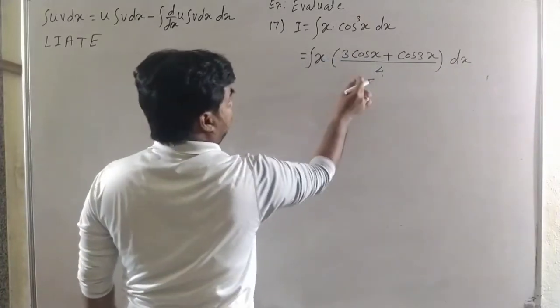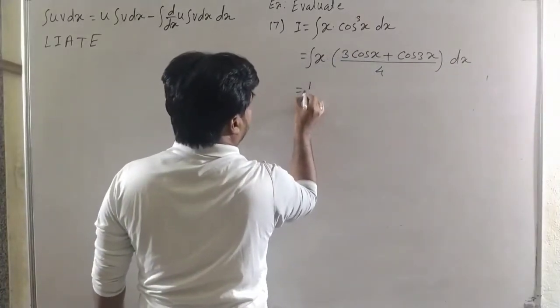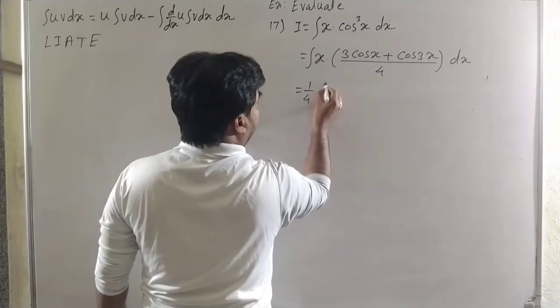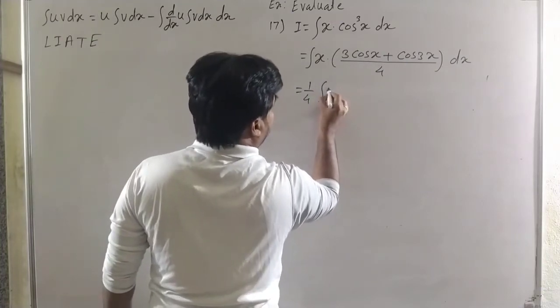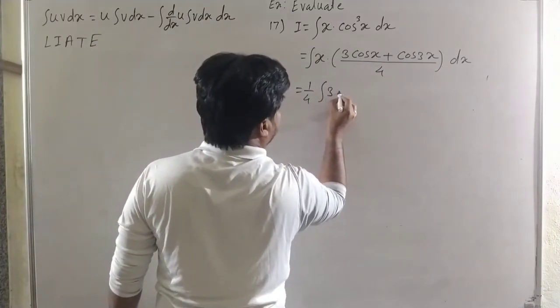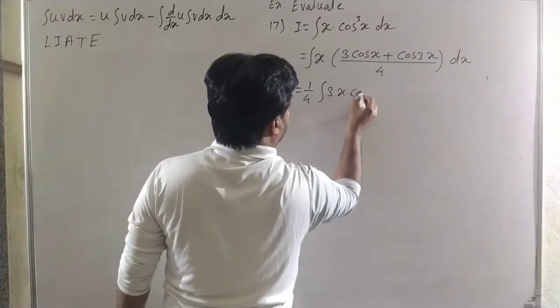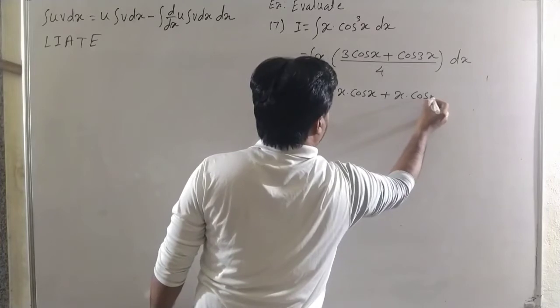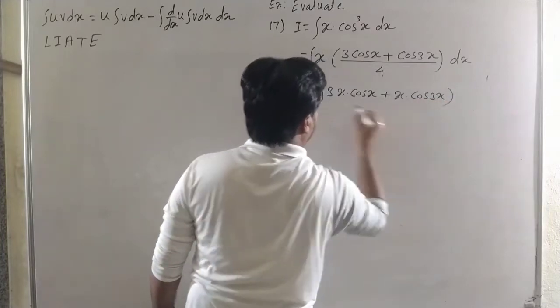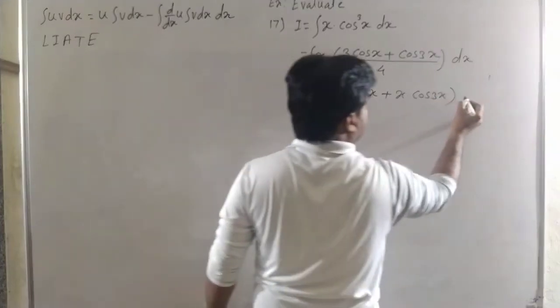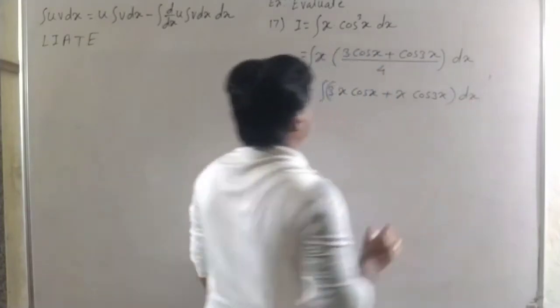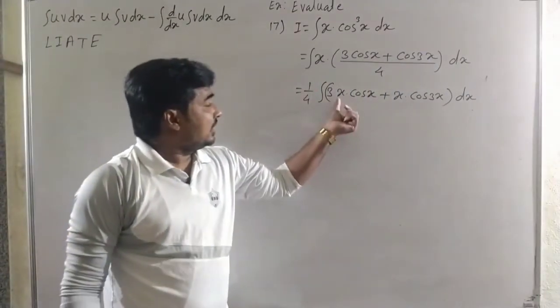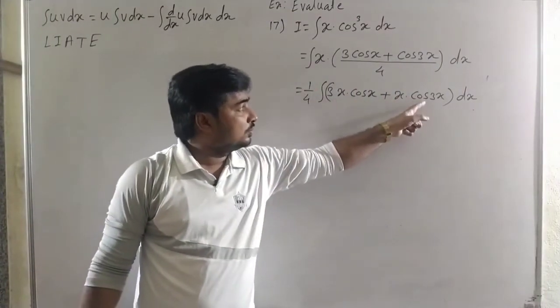Now, the 4 we can write outside, so it is 1 by 4 into integral of, see carefully, 3 x into cos x plus x into cos 3x dx. You can multiply by x. Here there are x into cos x and here x into cos 3x.